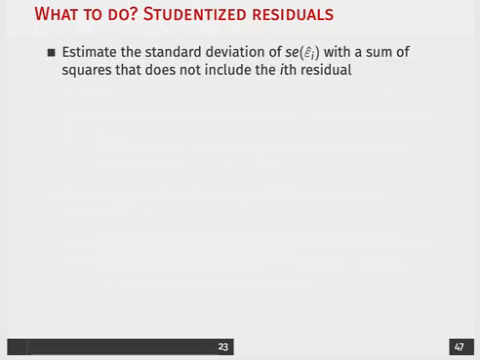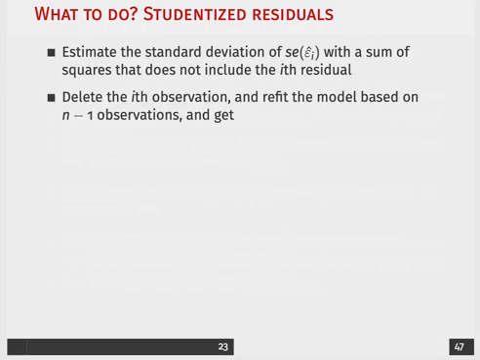Our workaround is that we're going to estimate the standard error for our estimates of the residuals with a sum of squares that doesn't include that observation's residual. So we're essentially going to delete the observation that we're looking at and refit the model based on the remaining n minus 1 observations.